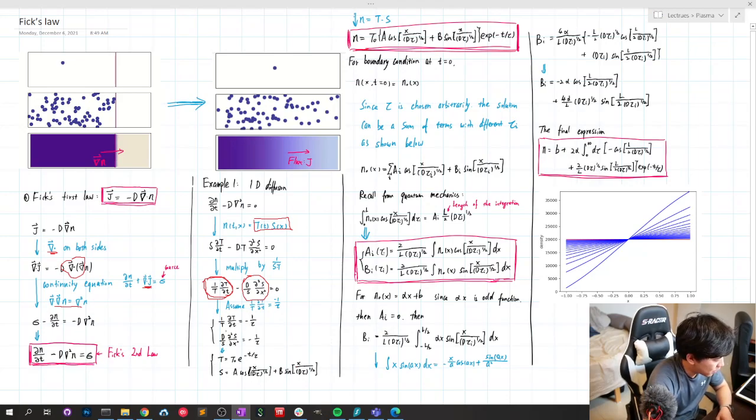So we separate the partial differential equation into two ordinary differential equations, and solve those equations separately. Then I end up with the solutions of those two functions. Since n equals T dot S, we're left with a general solution in that manner.